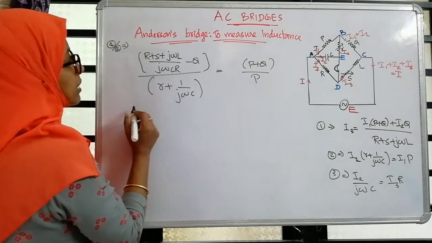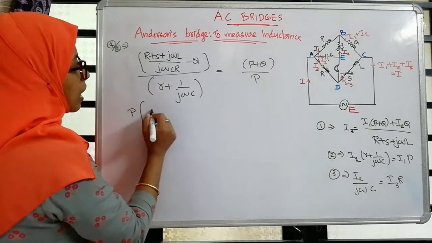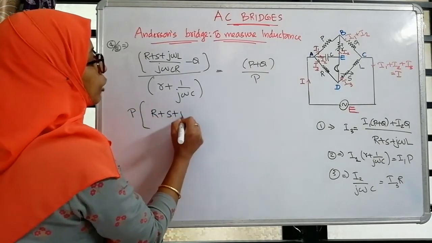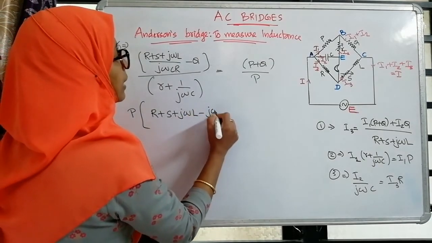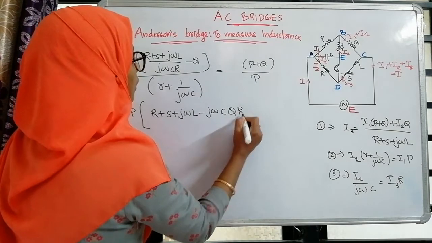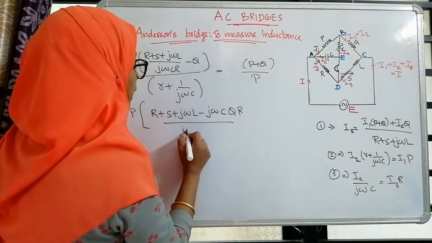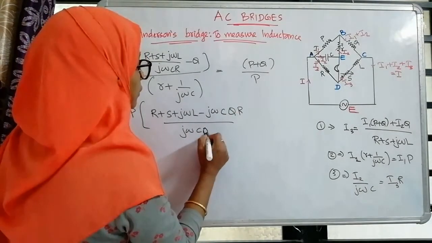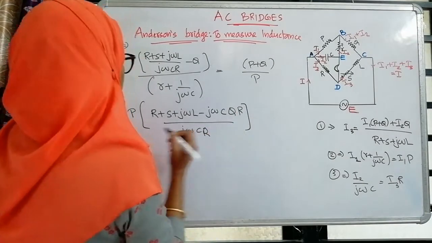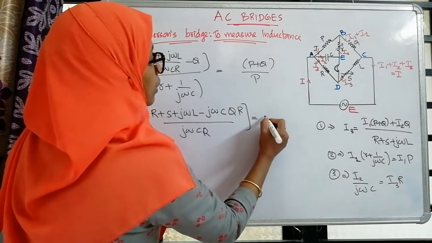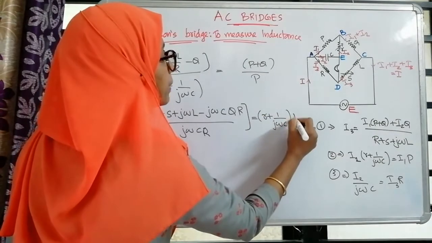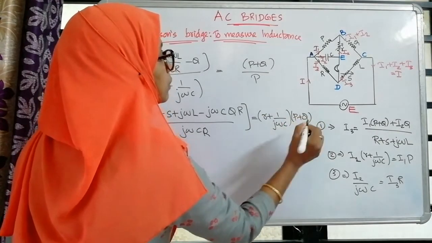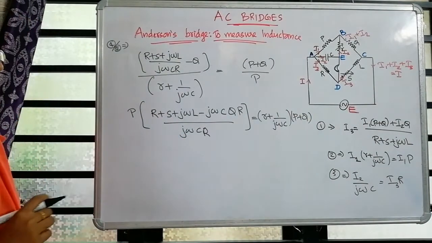Cross multiply these two: P into (R plus S plus j omega L minus j omega C into QR divided by j omega C R) is equal to (R plus 1 by j omega C) into (P plus Q). Okay.